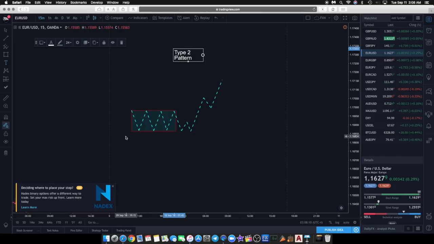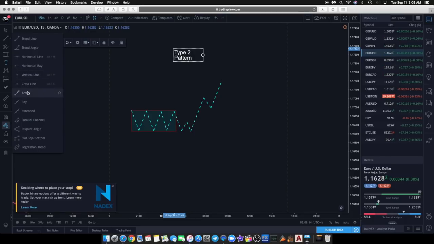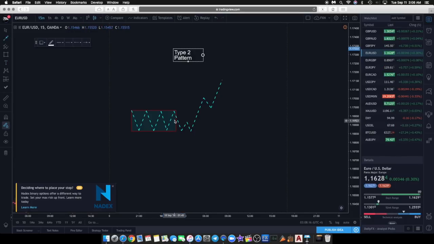All right, so the biggest difference with type 2 pattern that you'll notice is that instead of the stop hunt going past the Asian low, okay, and coming all the way down here like type 1 did, right? This type actually doesn't go past the Asian low. It still makes the W, right?